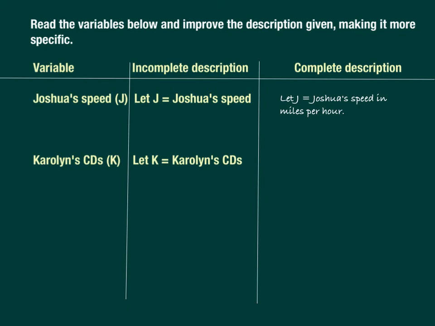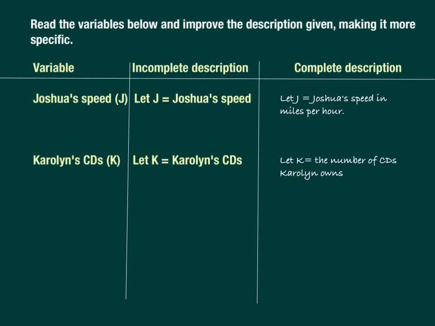Now the next one that I'm going to do, the next one that's starred on your task, is Carolyn's CDs. So an incomplete description is just to let K equal Carolyn's CDs. To make it just a little bit more specific, we're going to write let K equal the number of CDs Carolyn owns.